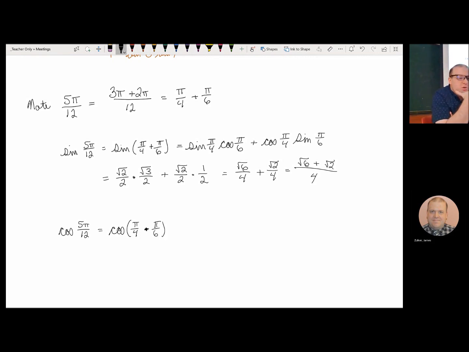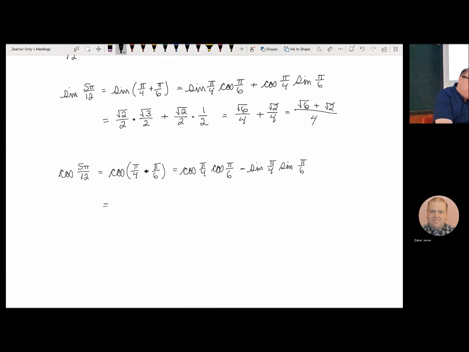Cosine of 5 pi over 12 would be cosine of pi over 4 plus pi over 6. That is cosine of pi over 4 times cosine of pi over 6 minus sine of pi over 4 times sine of pi over 6.